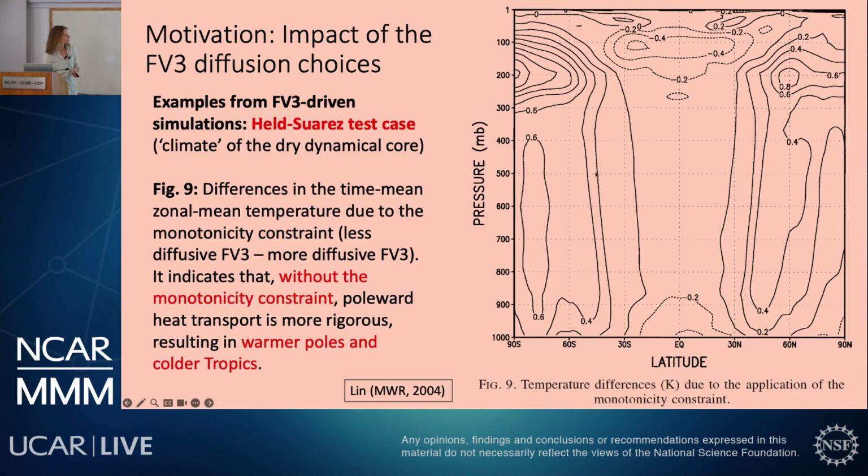So here you see actually a difference plot. Let me guide you through it. This is the time mean, zonal mean, like a two-year mean or so, of the temperature of two runs, both with monotonicity constraints. These are diffusion options. One is less diffusive, and then we have the less diffusive minus the more diffusive.